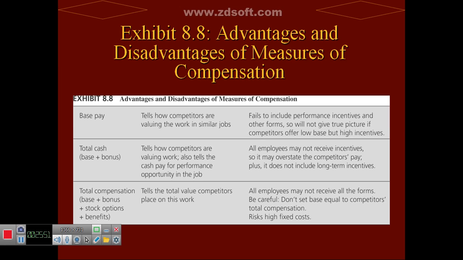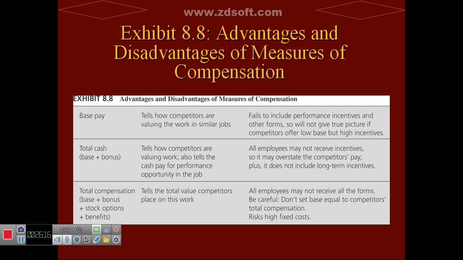That is the advantage. The disadvantage is that it fails to include performance incentives and other forms, so it will not give a true picture if competitors offer low base but high incentives.